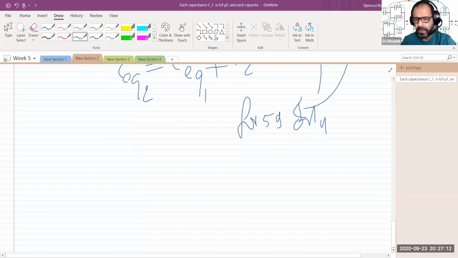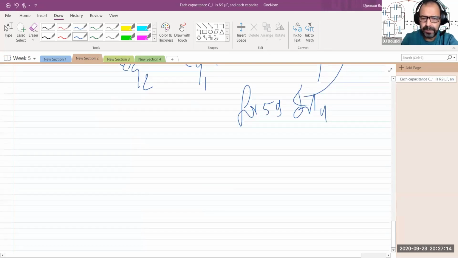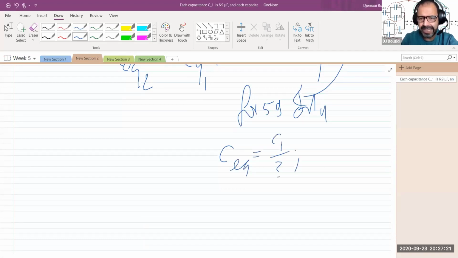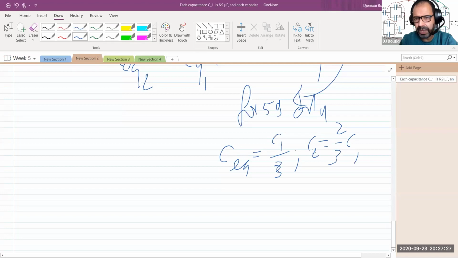C equivalent, which is actually C1 over 3, and C2, which is 2/3 of a C1. When you add them up, they're going to add up to C1.